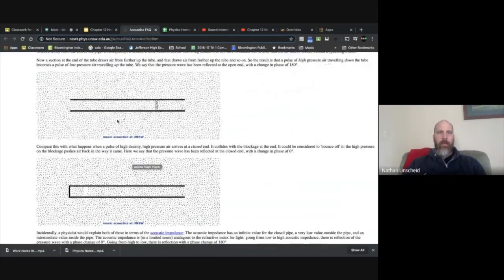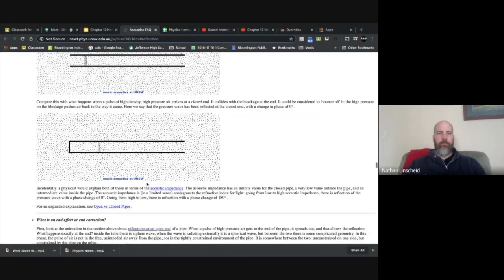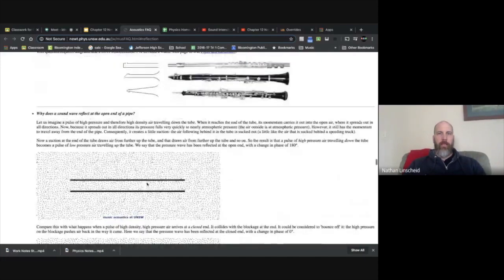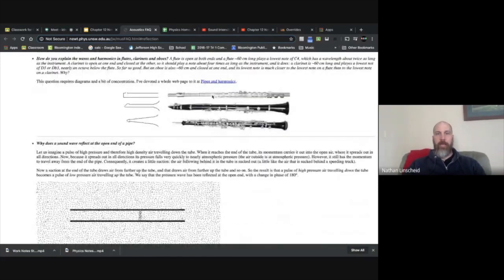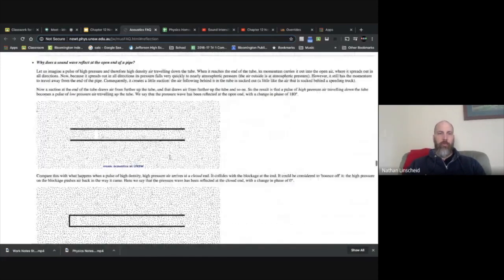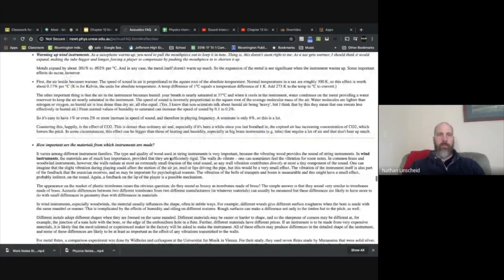Even with this open pipe, you still get a reflection. That reflection is inverted in an air column, but that's what a wave looks like in an air column. And when I talk about air columns, I said pipes, but flutes, clarinets, oboes, those same sorts of things.